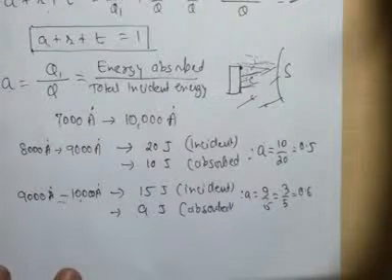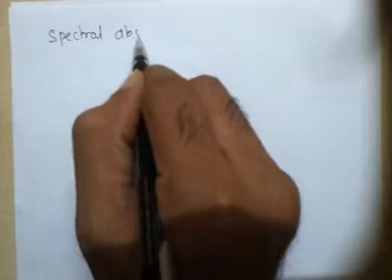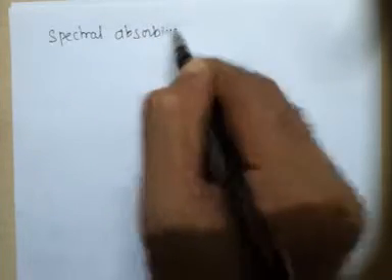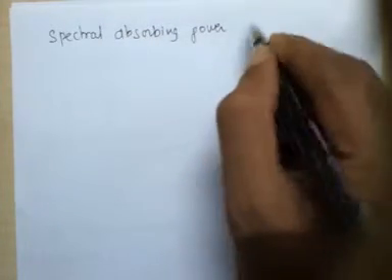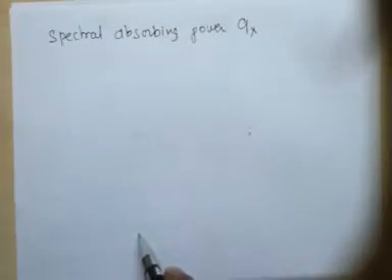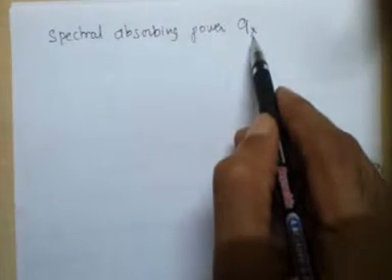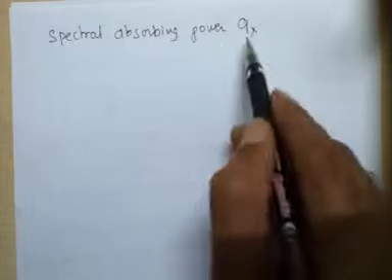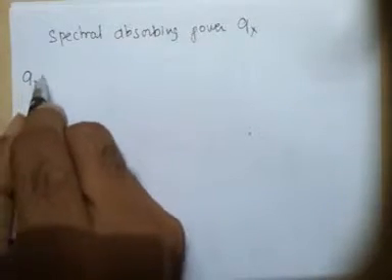And therefore we need a different term to understand absorbing power, and the term that we bring in is spectral absorbing power, which we will denote by A lambda. This symbol A lambda indicates that we are talking of spectral absorbing power.